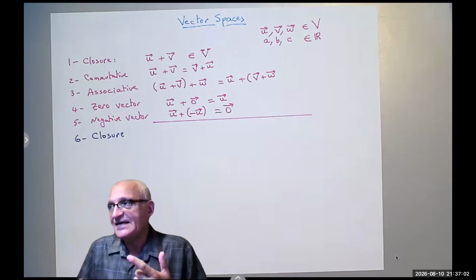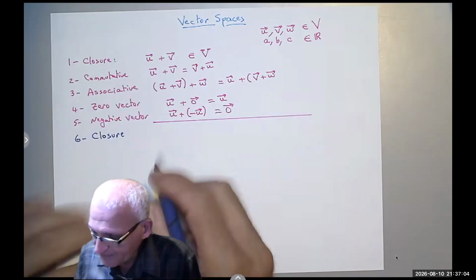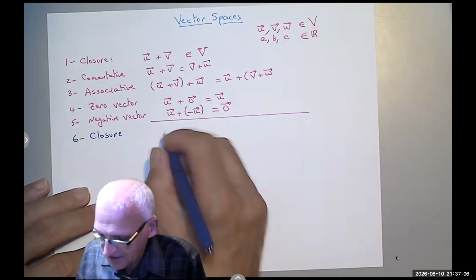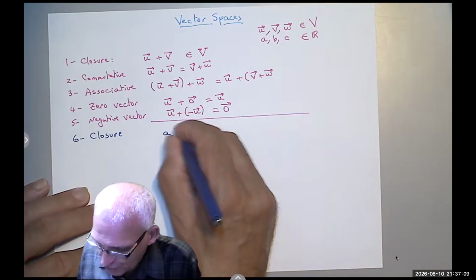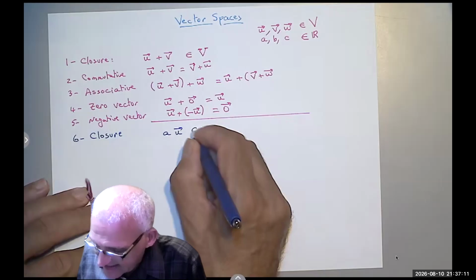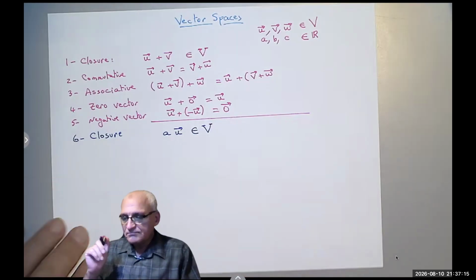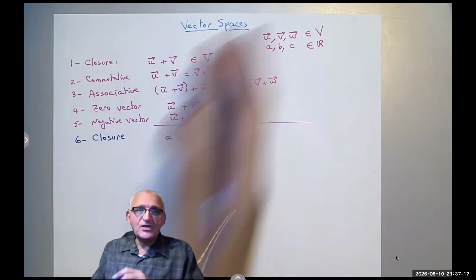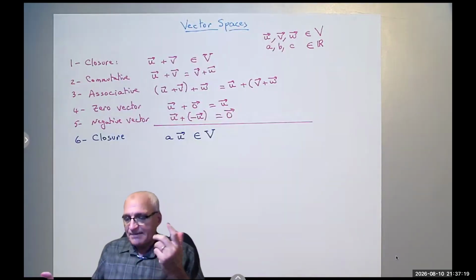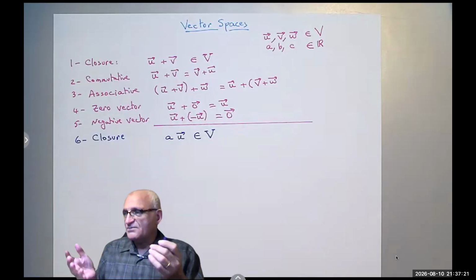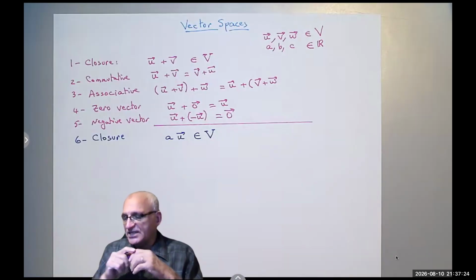So if I take a vector u and multiply it by a, b, or c, so if I say a times u, that stays in the vector space. It doesn't leave. There are examples we can give, but let's pick something very common.